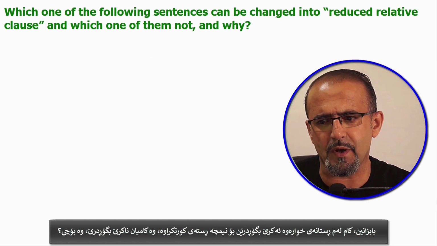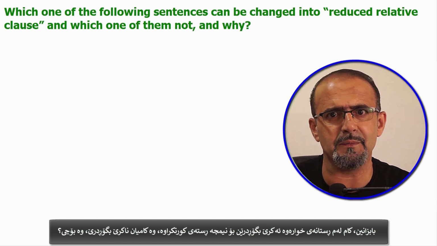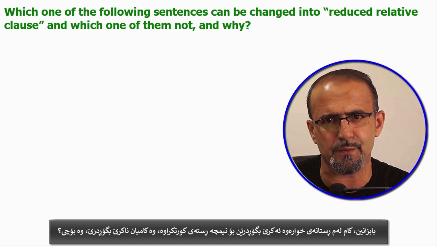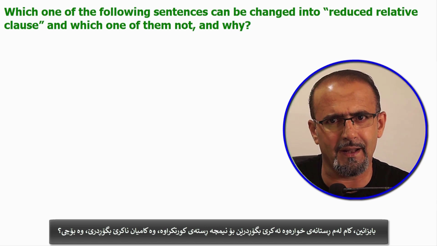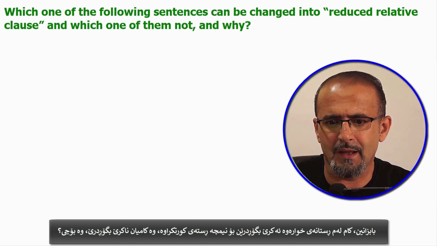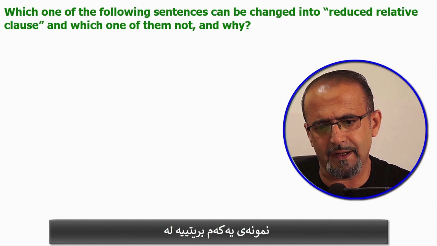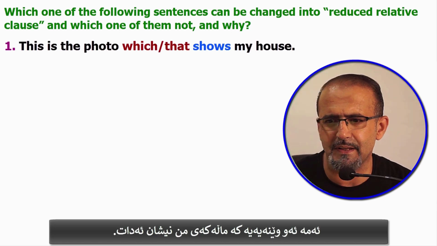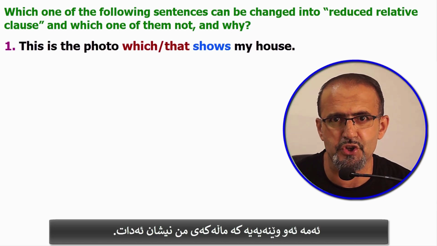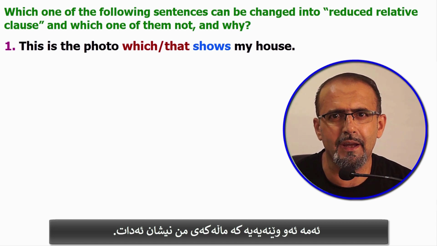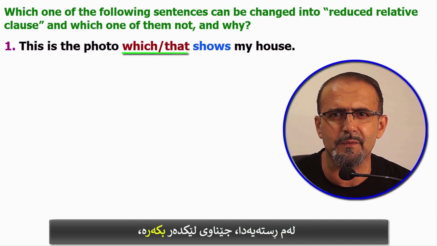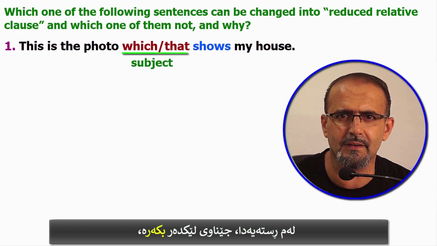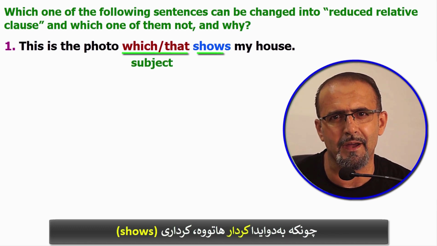Let's see which of the following sentences can be changed into a reduced relative clause and which cannot, and why. The first example is, this is the photo which shows my house, or that shows my house. In this sentence, the relative pronoun is the subject because it is followed by a verb. The verb shows.